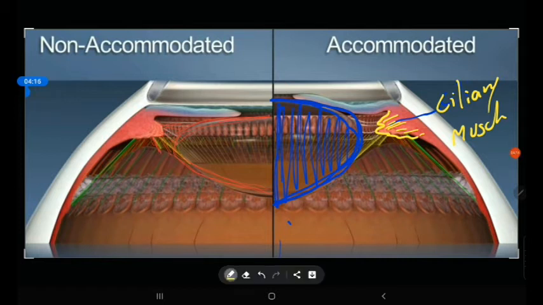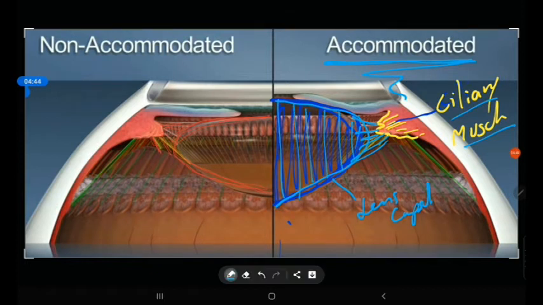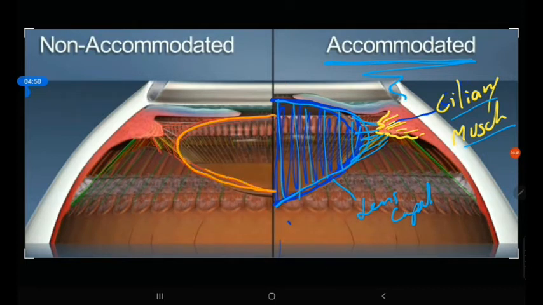So it is by the contraction of the ciliary muscles, through the zonular attachments on the lens capsule, that the mechanism of accommodation happens. So in an accommodated state, the lens thickness is more due to this mechanism, and in a relaxed state, the lens appears thinner because the ciliary muscles are relaxed.